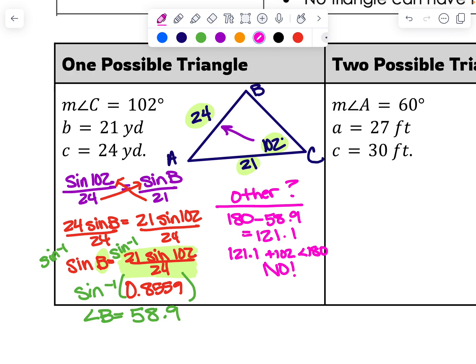And that answer is no. So that means that there is not another triangle that's possible. There is only one possible solution, right? I got an obtuse angle already in my triangle, which means that another obtuse angle is not possible.